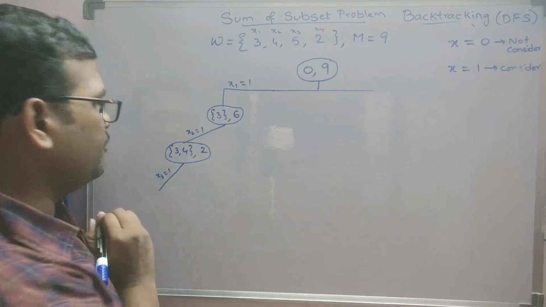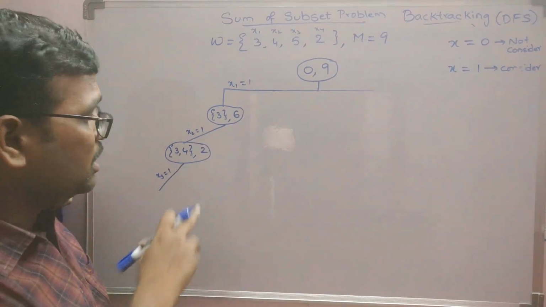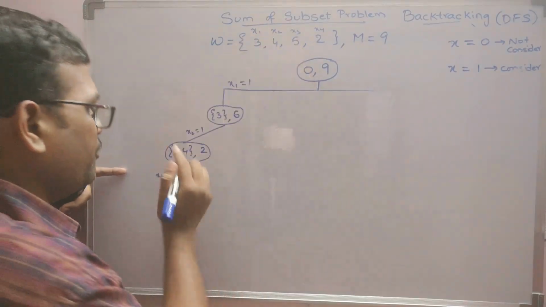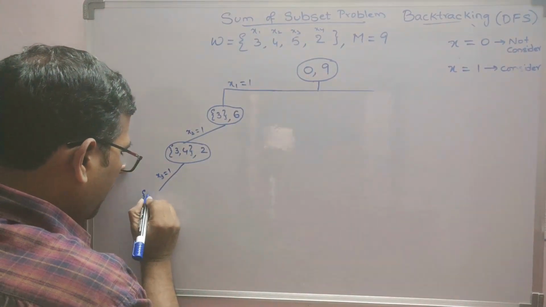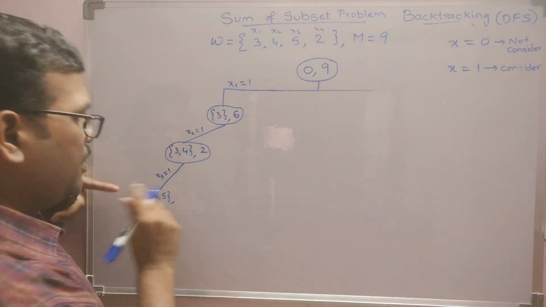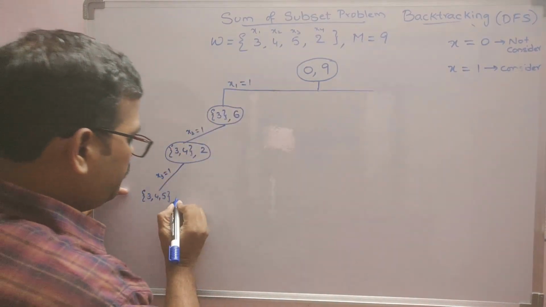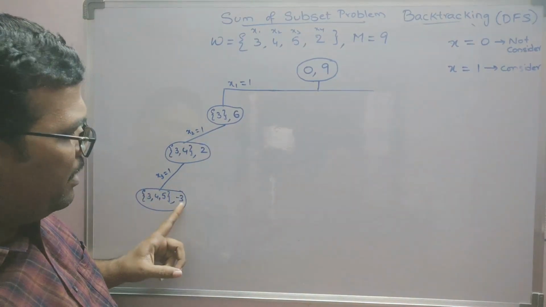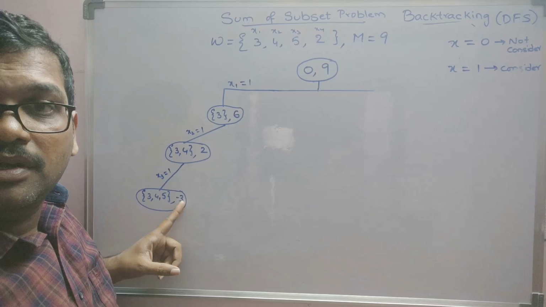x3 is equal to 1. We can consider x3 also because the sum is less than 9, right? x3 is 5. So here 3, 4, 5. 2 minus 5 is minus 3. You can check the weight goes negative.